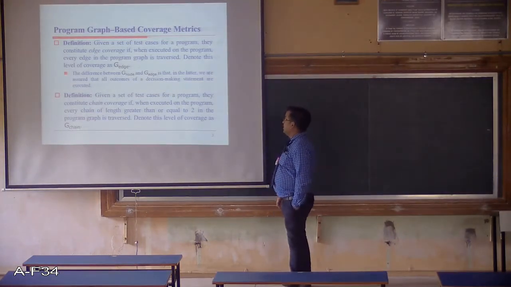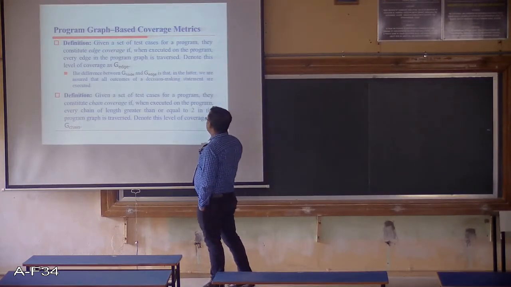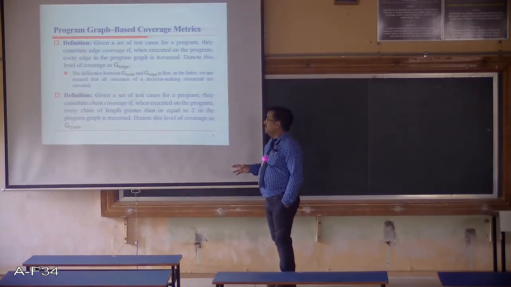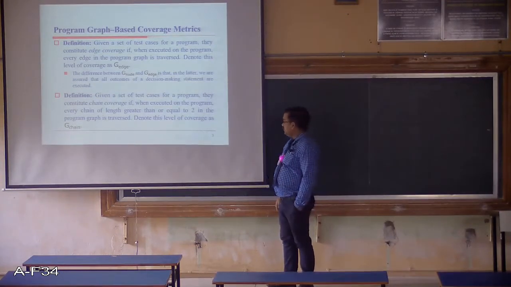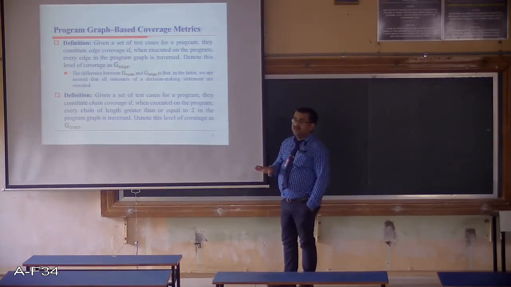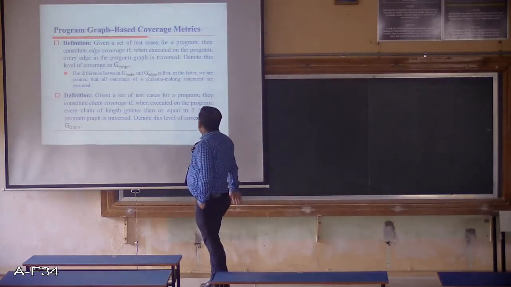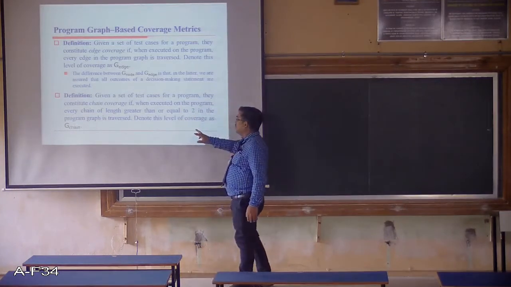Okay, the next definition is the G chain. The test cases for the program are designed in such a way that they constitute the chain coverage. Yesterday in the class we discussed what a chain is. Here it leads to the coverage of all the chains in the graph. Every chain of length greater than or equal to 2 in the program graph is traversed.